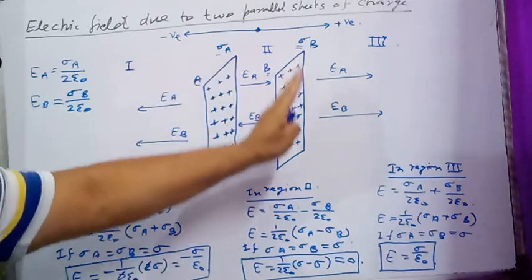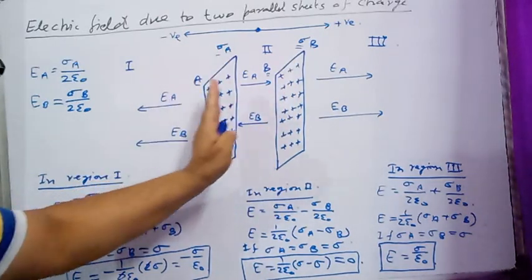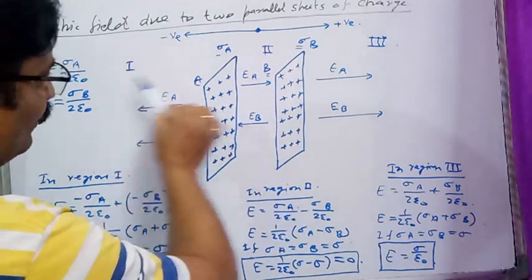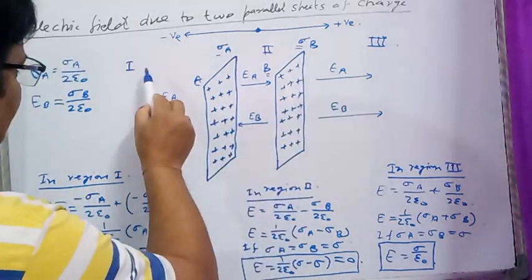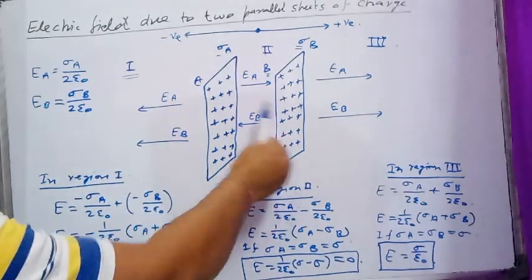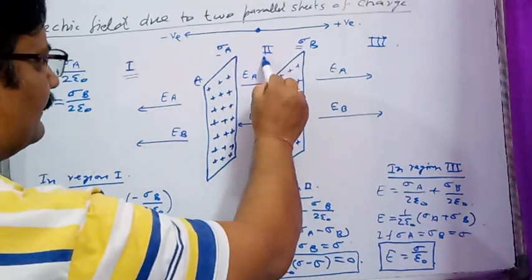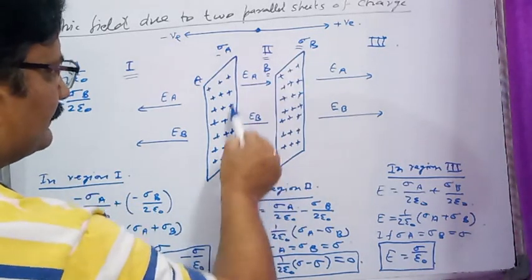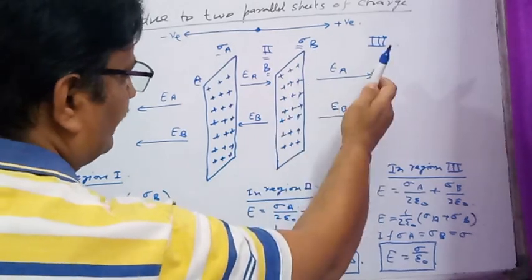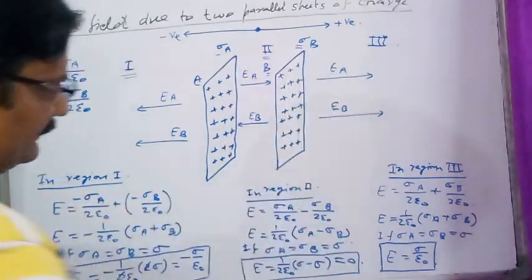So in the nearby space of these two sheets, the two parallel sheets divide the whole region into three parts. This is region first, to the left of both the sheets, region second, in between the sheets, and region third at the right side of both the parallel sheets of charge.